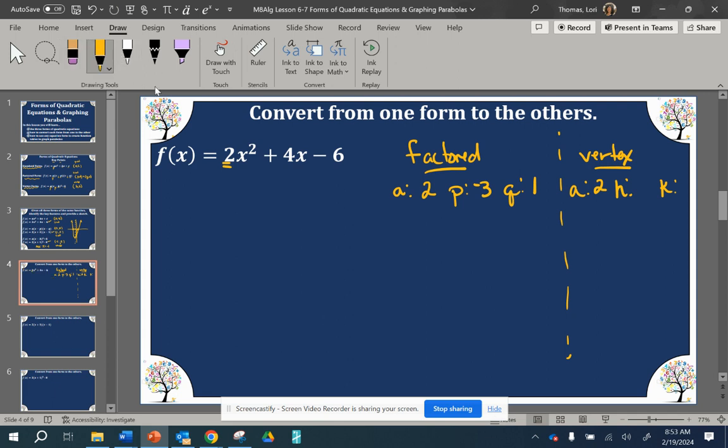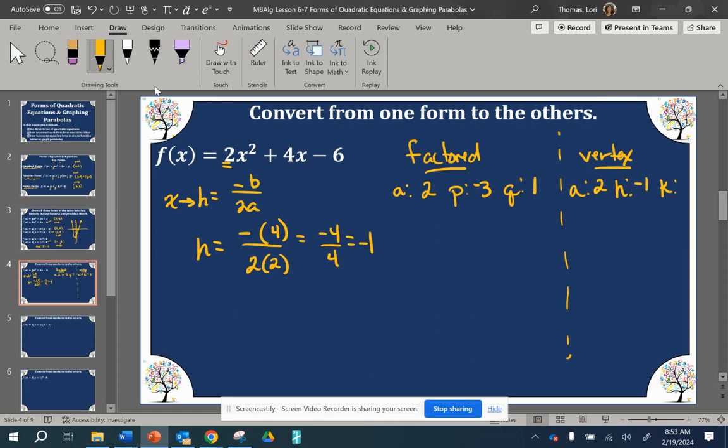Remember our vertex formula, the x-coordinate, now we're going to use the letter h, is going to be -b divided by 2a. So let's get the h value first. Negative, from our formula, our b value is 4, and then 2 times our a value. So our h value is -1.